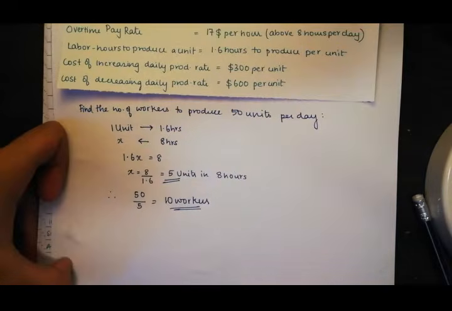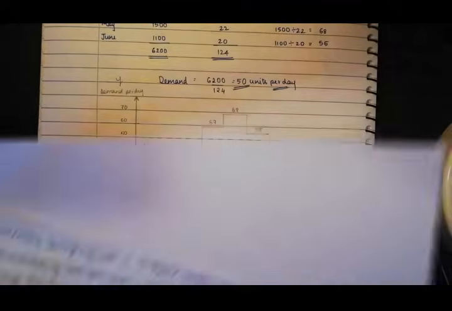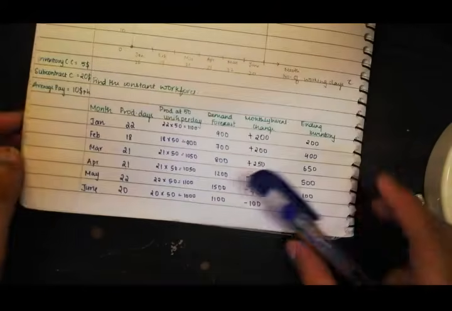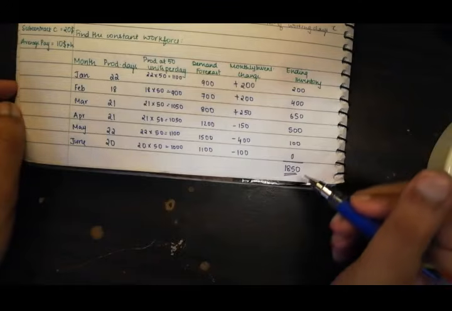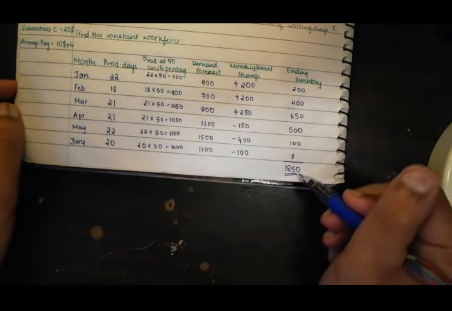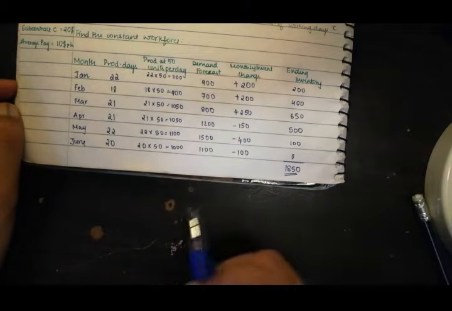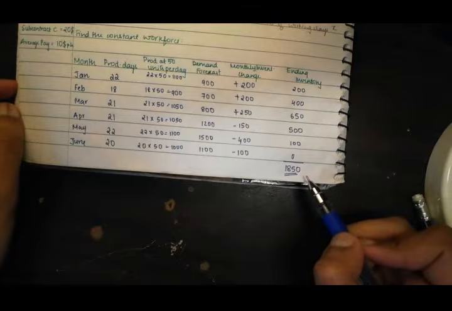Okay, so the costs are going to be really simple, because we have found out the inventory that we need to be holding. It's going to be 1850 from all of these 6 months. We need to be holding inventory worth 1850. So what is the inventory carrying cost? That's going to be our first thing.